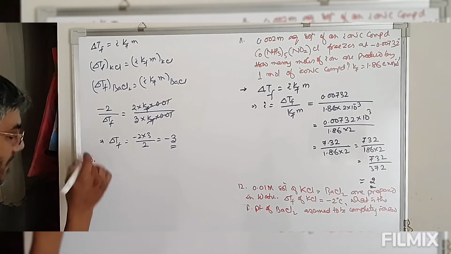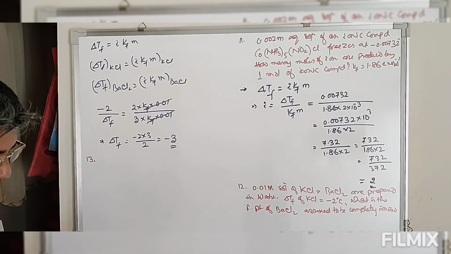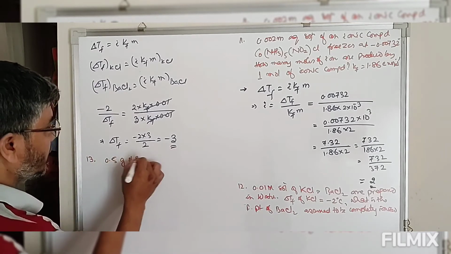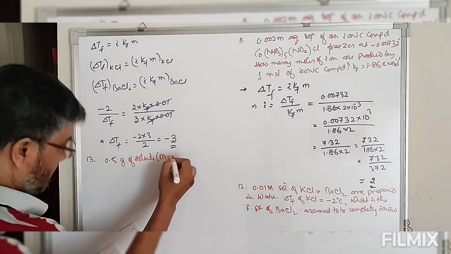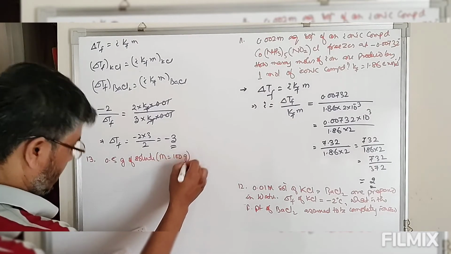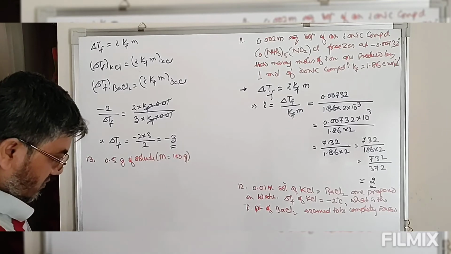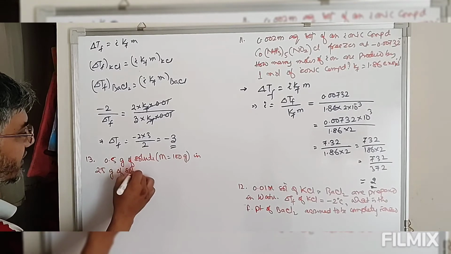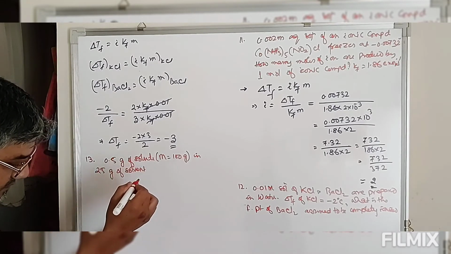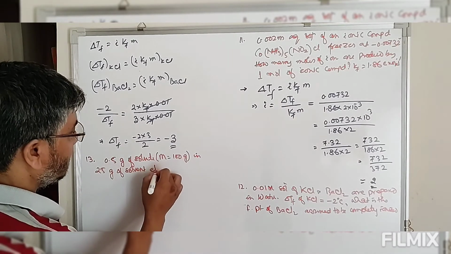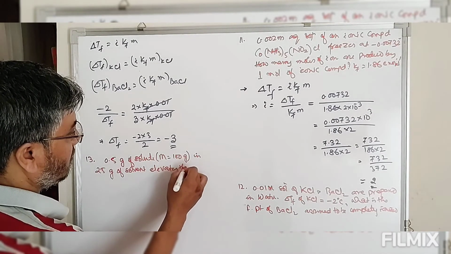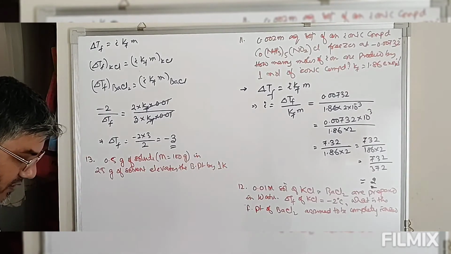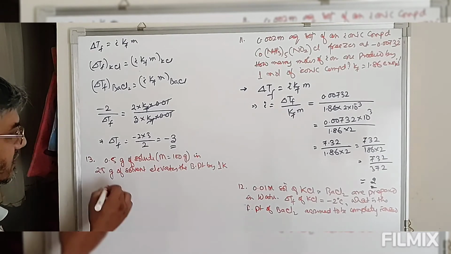Next question. If 0.5 gram of solute whose molecular mass is 100 gram, in 25 gram of solvent, elevates the boiling point by 1 K, then what is the value of Kb?